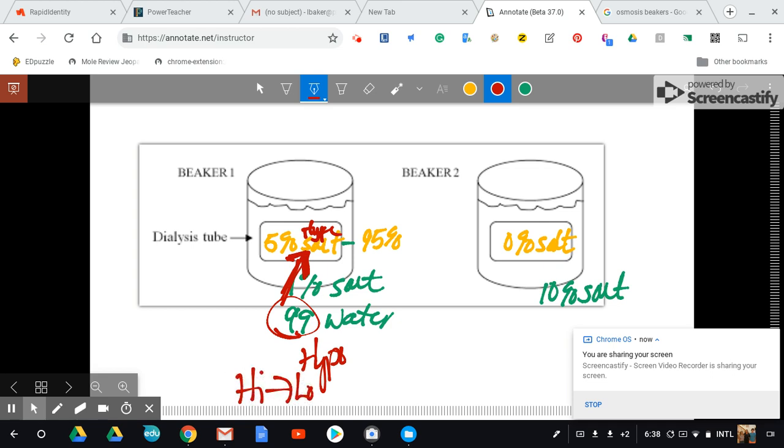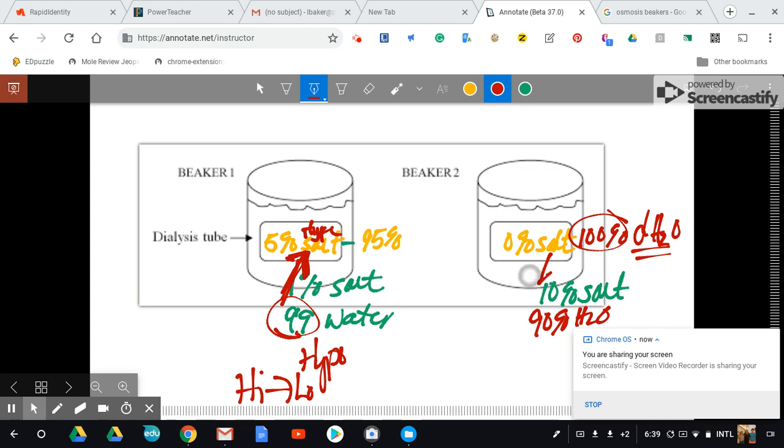All right, if I look at this one, if I've got 0% salt, that means I've got 100% water. You might see this called DH2O, which is distilled water. And I've got a 10% salt concentration, so that means I've got 90% water. When you're looking at this, obviously 100 is bigger.